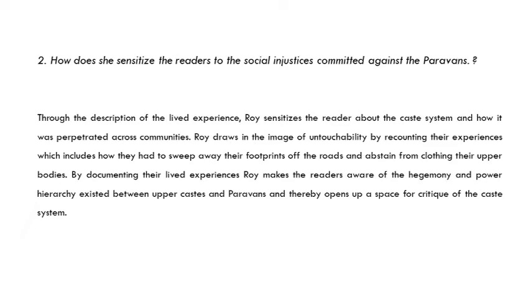It also signifies the image of untouchability by recounting their experiences, which include how they had to sweep away their footprints off the road and abstain from clothing their upper bodies. By documenting their lived experiences, Roy makes the readers aware of the hegemony and the power hierarchy that existed between the upper caste and Paravans, and thereby opens a space of critique of the caste system.